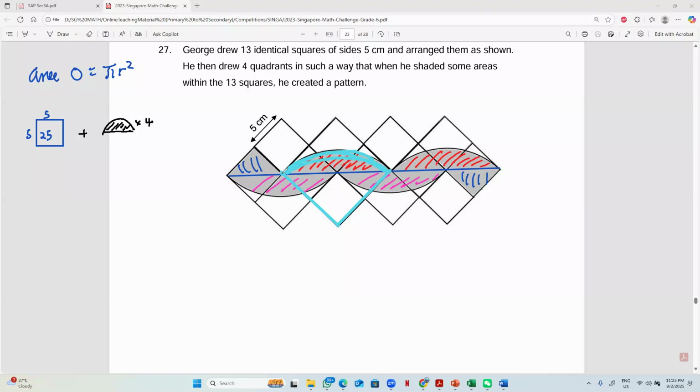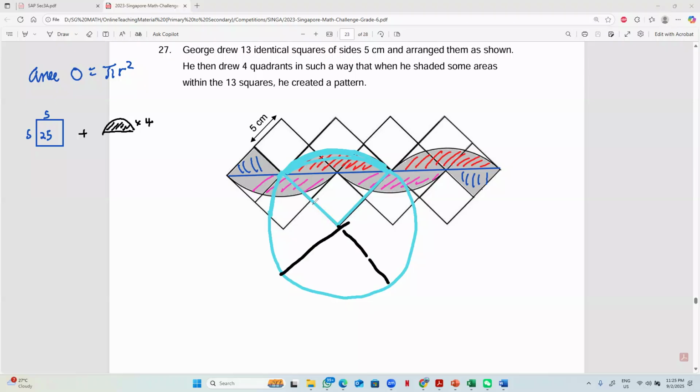So this is the quadrant. Can you see the quadrant? If you can't, I'll draw you the circle. The circle is going to look like this. So you can see this quadrant.